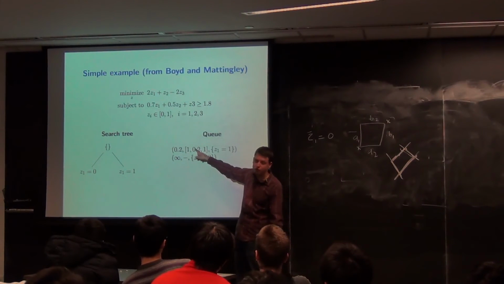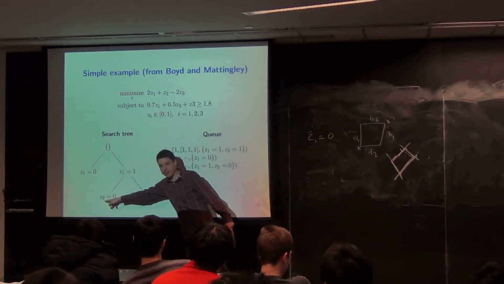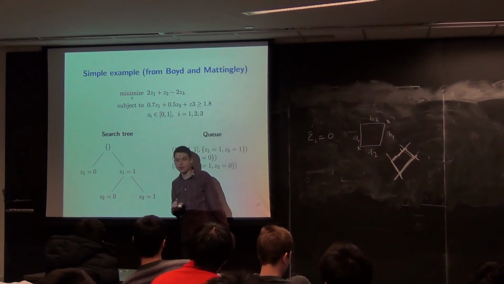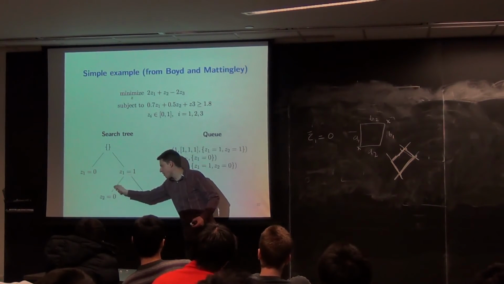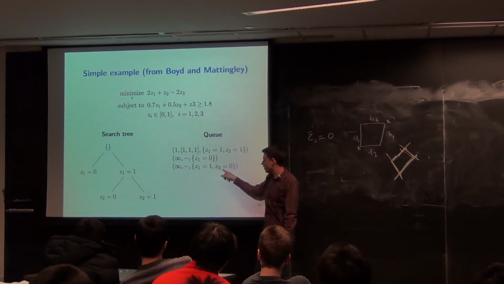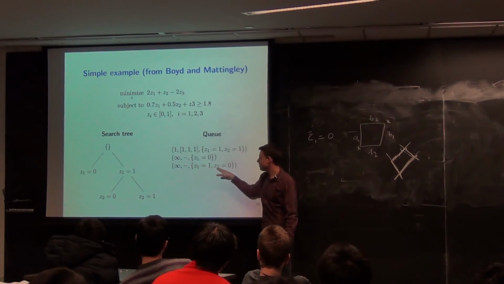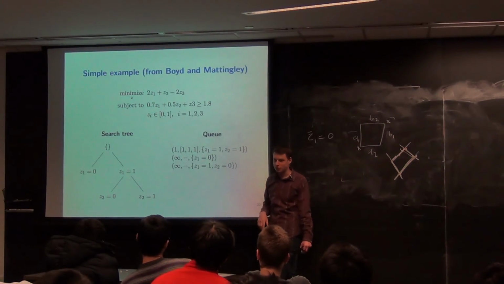We're just going to split on this one now. We take z2 and consider the case of z2 equals 0 and z2 equals 1. We go down this path again, which corresponds to this one here. You solve this problem plus these 2 constraints, and what you'll find is it's also infeasible. That's not a feasible problem anymore.